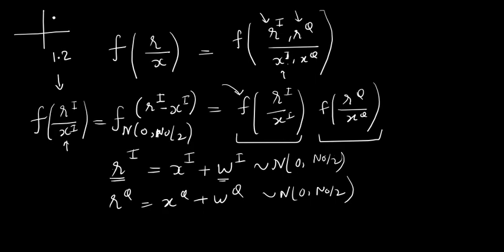For this you need to know the value of this function. Because you have observed Ri given Xi, and Ri and Xi are related like this, if Xi is given, the randomness in Ri is only due to Wi.